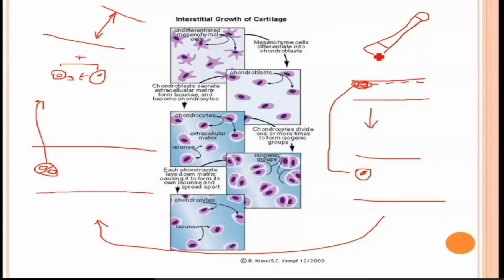So as it gets thicker, say after some time this line will become here, the bone will be of this size maybe. Okay. So this is all the cartilage which has grown and then calcifies later to become part of the bone.